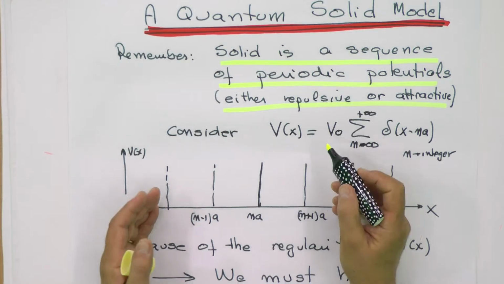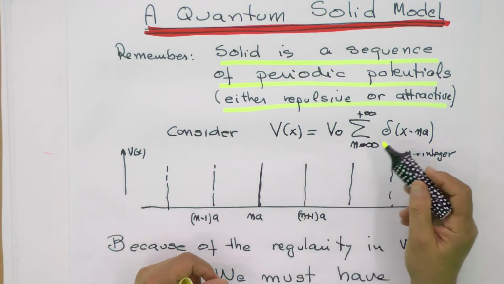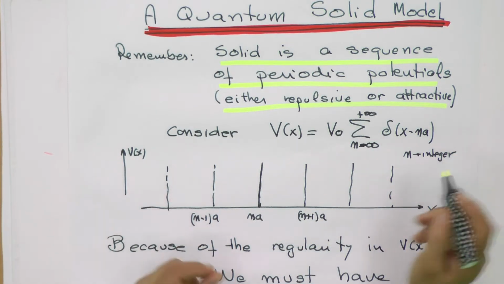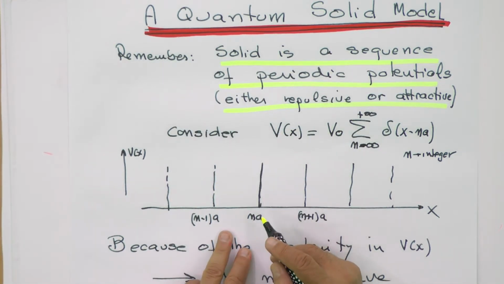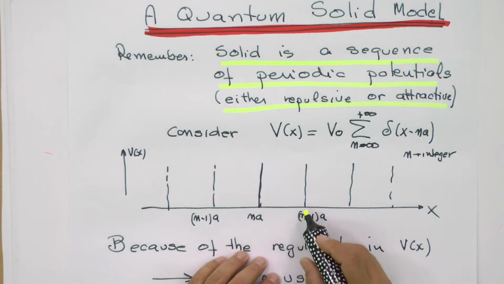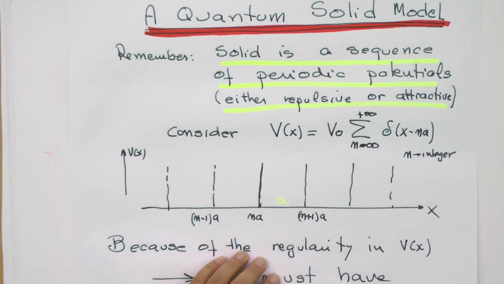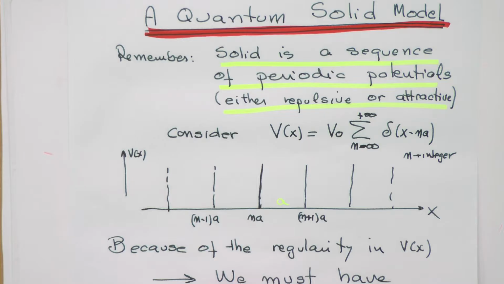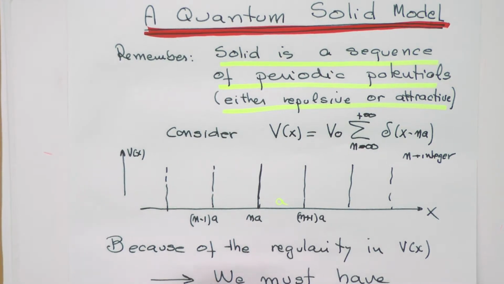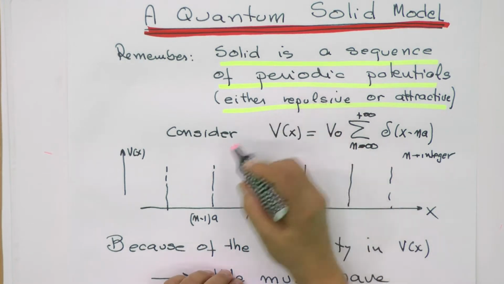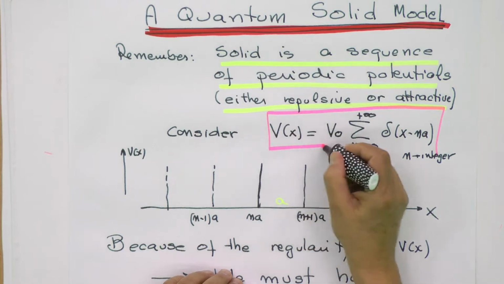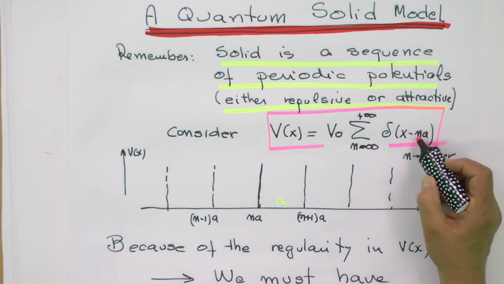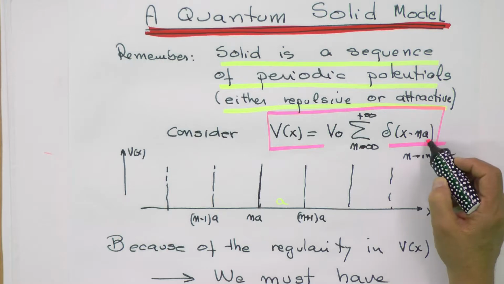The periodic potential can be either repulsive or attractive. It doesn't matter, we are just considering delta functions spaced by A. So the distance between two of those is A. Therefore, we must write the potential as a sum of delta potentials located in positions that are given by nA.